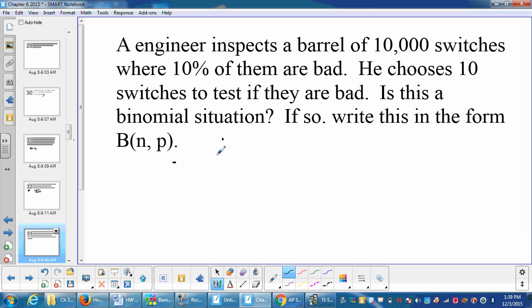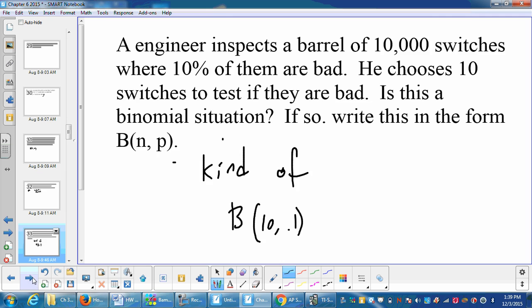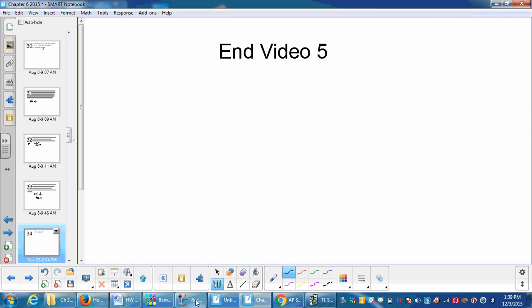So it's not independent technically, but we'll treat it as if it's independent because the probabilities really aren't affected that much. So is this binomial? Kind of. It's binomial enough, and so we'll say it's binomial. They have 10 switches that they're dealing with, and the probability of success is 0.1. All right. Hopefully you can do it on your own.